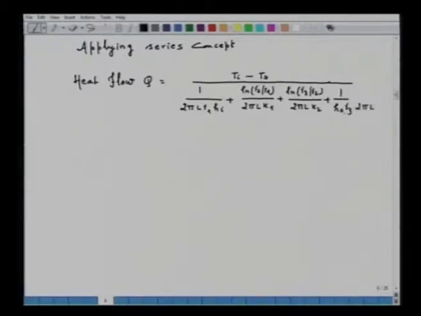So, this is the heat flow Q through a composite wall of thermal conductivity K1 and K2.